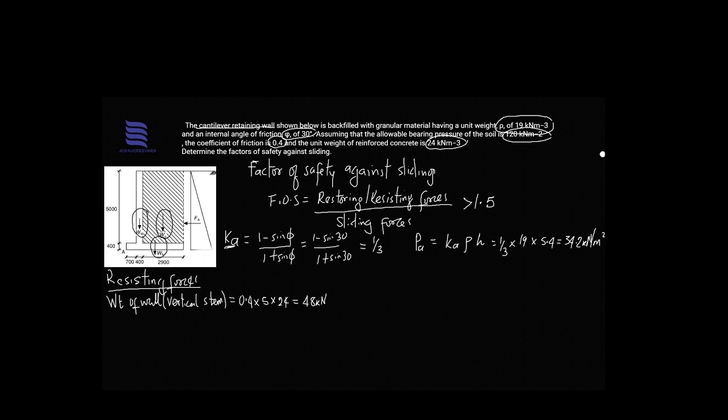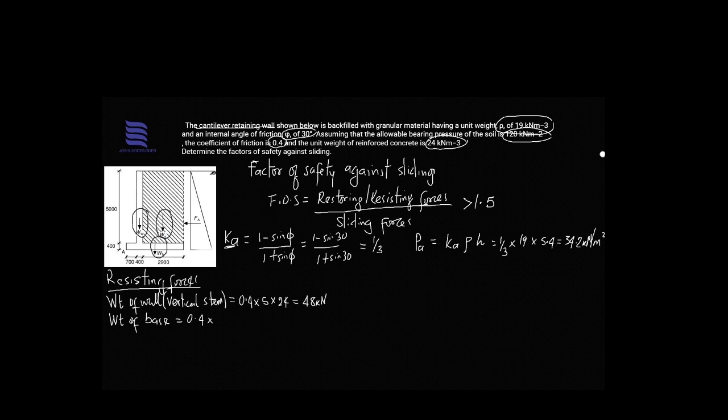Then we have also the weight of the base of the wall, right? So that would give 0.4, which is the thickness of the base, multiplied by the width of that wall, which is going to be an addition of 700 plus 400 plus 2.9 meters, right?